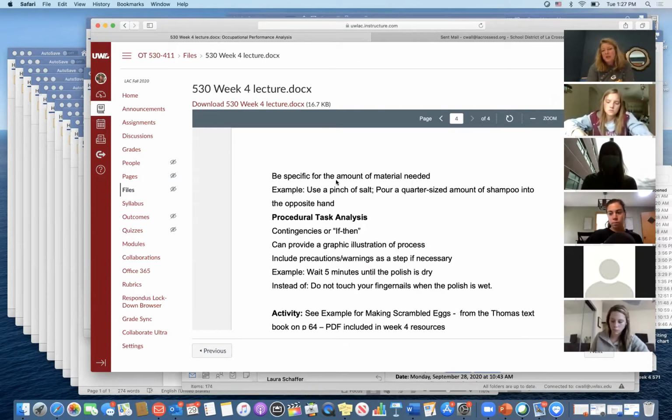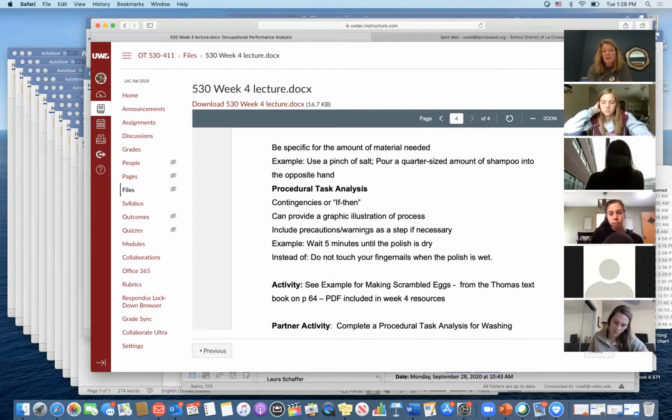Be specific about materials, whether it's a measurement or a number of eggs, when you're doing your activity analysis. Anytime there's an if-then situation, like if the cake looks brown, then take it out of the oven and check for doneness. You could provide pictures.